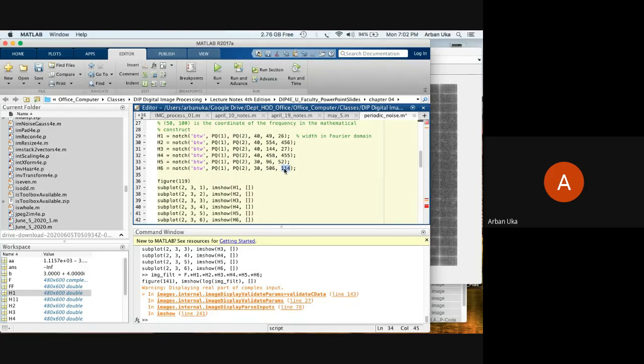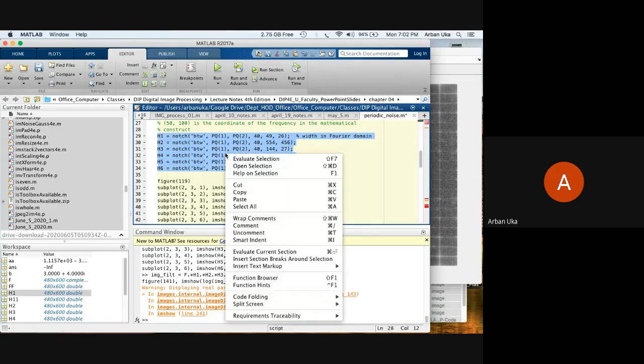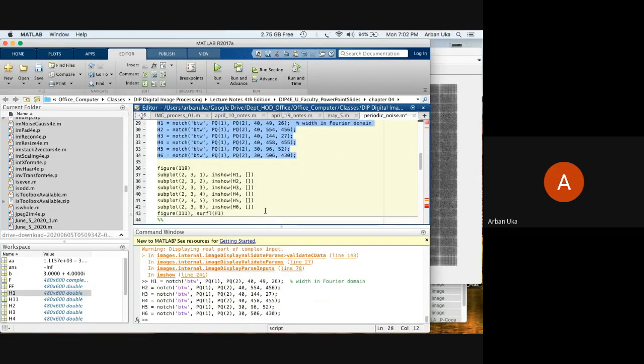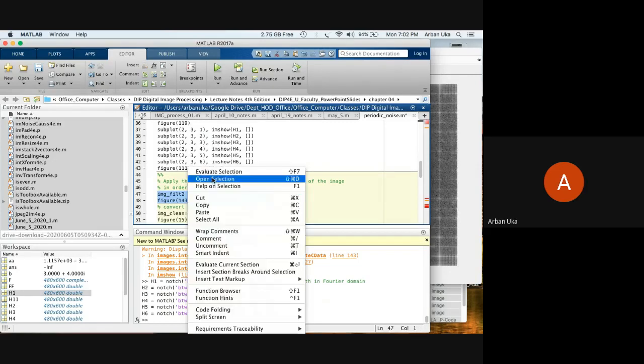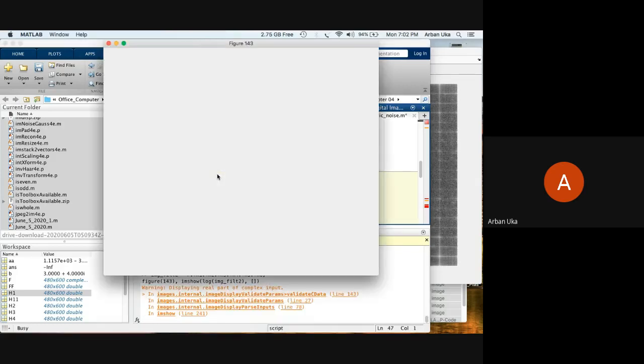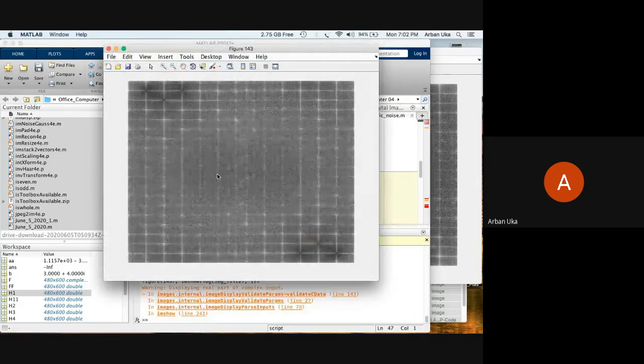Okay, so we are kind of generating this again, and so yes, we try to wipe out these three dots.